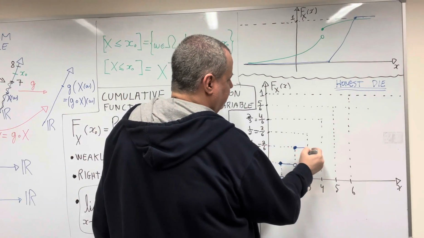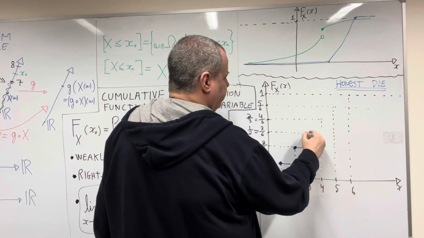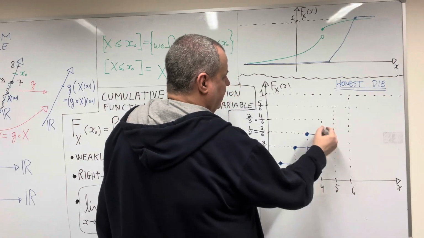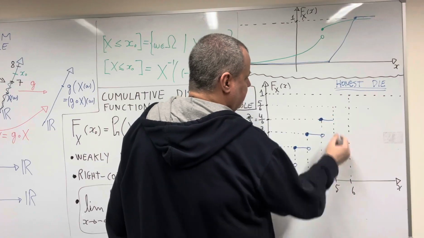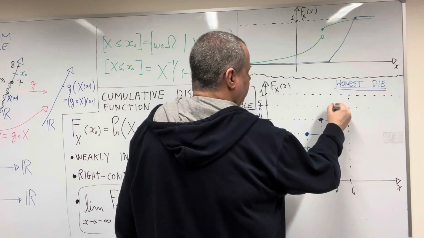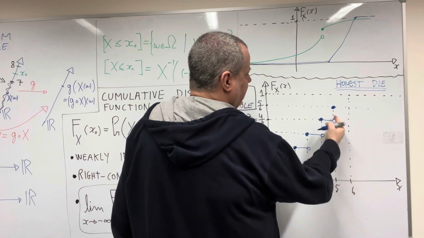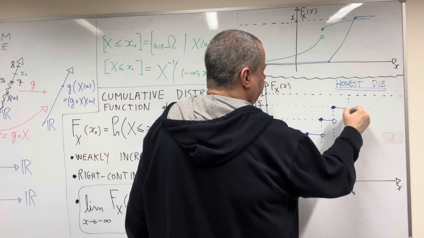It stays the same until it reaches 3. It jumps. Stays the same until 4. The probability then jumps up. Stays the same until 5. The probability jumps at 5, and then stays the same until it gets to 6.